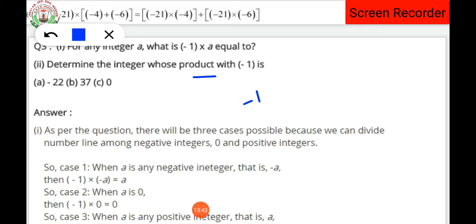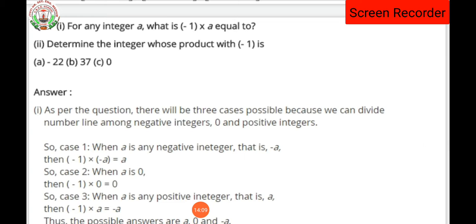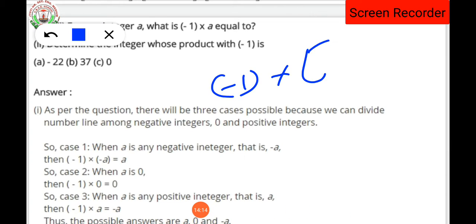So minus 1 will be multiplied with which number to get the answer minus 22? In this case you have to look after it.